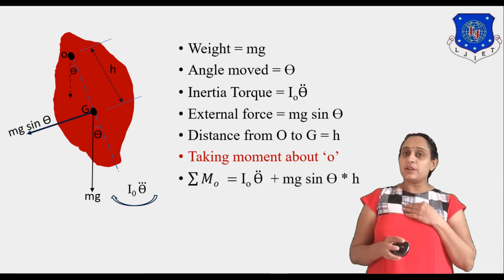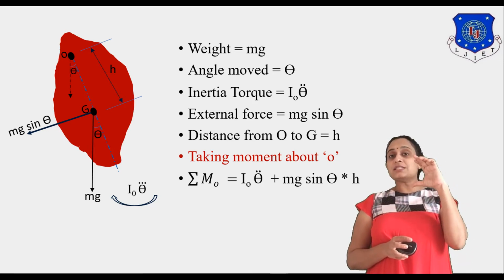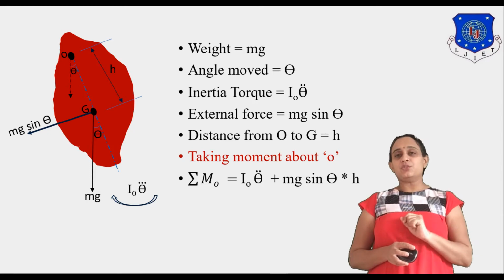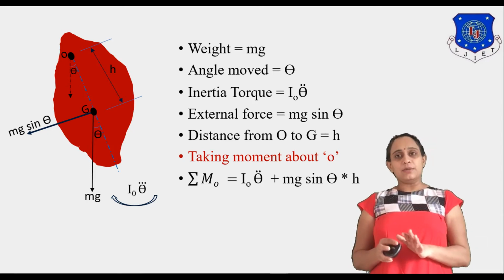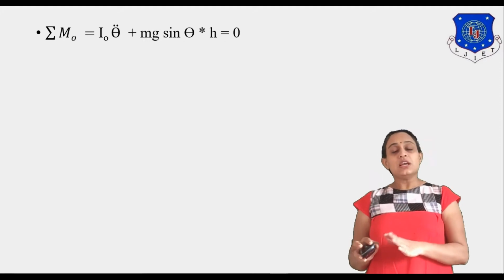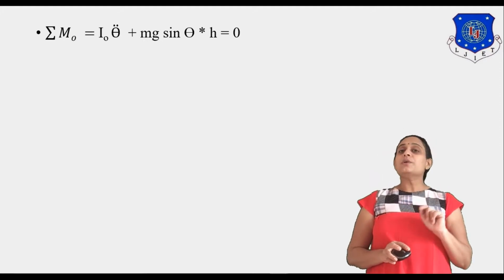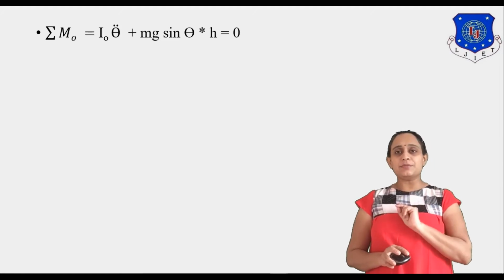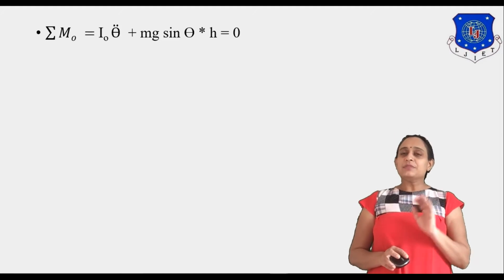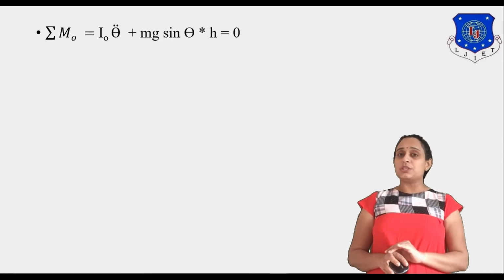We need to calculate the moment with respect to point O, so the perpendicular distance is h. Hence we write I0 theta double dot plus mg sine theta into h, and all this moment should be equal to 0. Why is it 0? Because it is an equilibrium system. So I0 theta double dot plus mg sine theta into h is equal to 0.